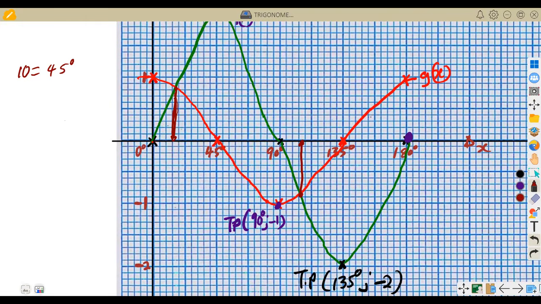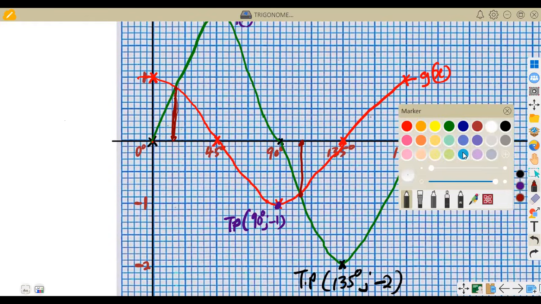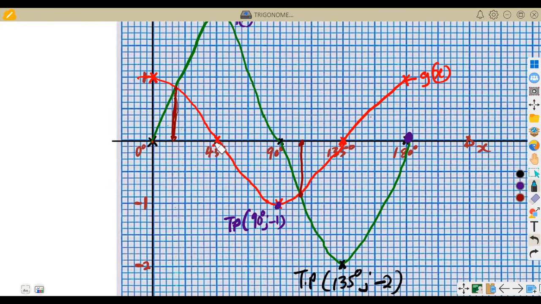So if 10 boxes like this one represent 45, you can also ask yourself, if these 10 boxes represent 45, what about each box? Each of these smaller boxes, what does it represent? So 10 boxes represent 45 degrees.